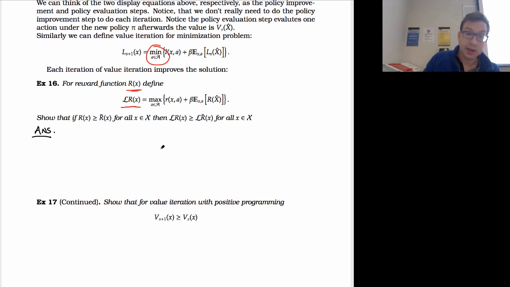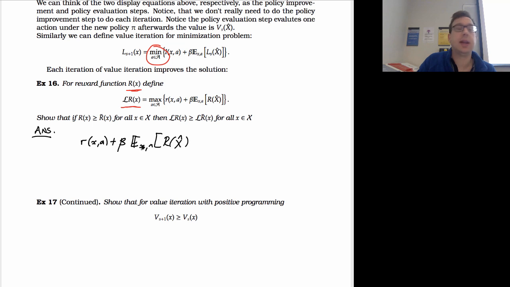So why is that? Well, if I just look at the term inside the brackets here, I'd have R of x, a plus beta times the expectation over x hat of R, where x hat is the state that I reach after taking action a from state x.